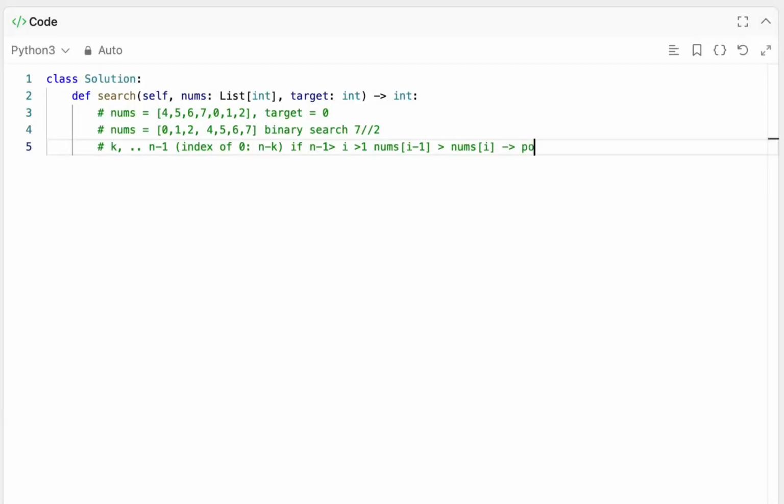It just means that it was rotated. Else, we know that we have a sorted array and we can simply apply the binary search.